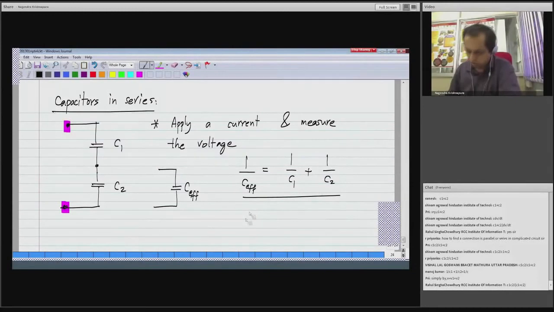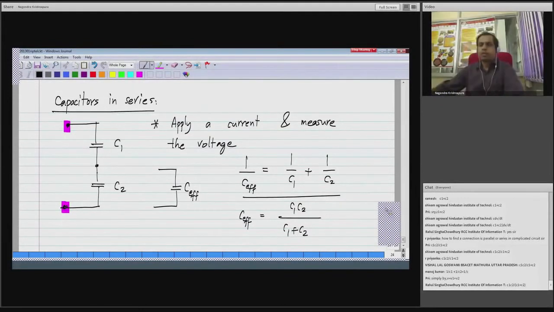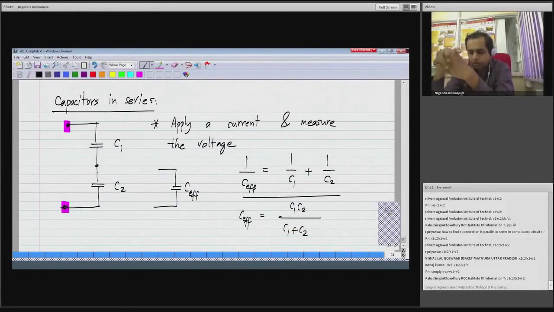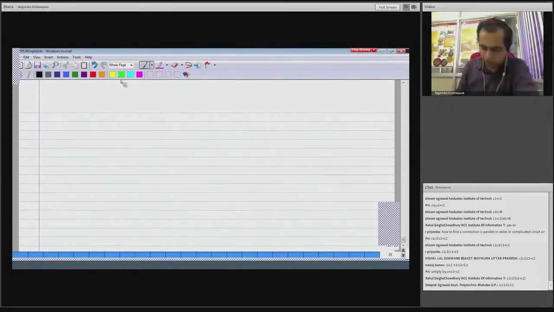Or for two capacitors you can have this formula, C1 C2 by C1 plus C2. So a parallel combination of capacitors, you get the sum of capacitance. A series combination of capacitors, you will get a formula similar to that of resistances in parallel. The reciprocal of the total capacitance will be equal to the sum of reciprocals of individual capacitances when you connect capacitors in series.